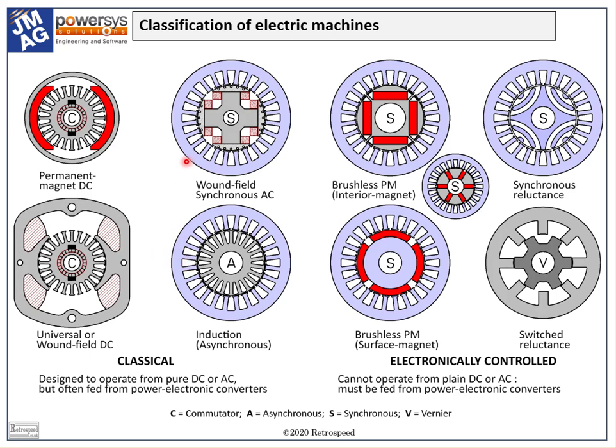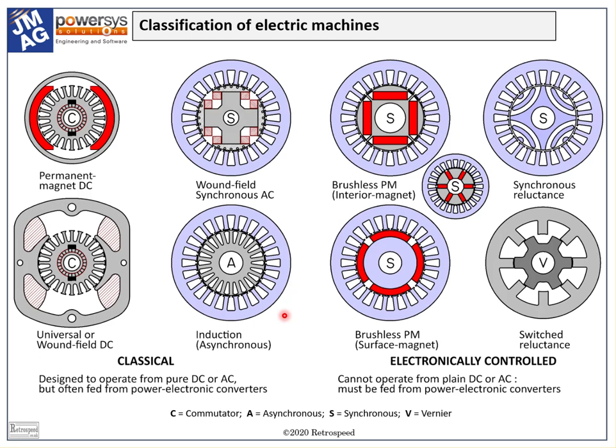But since roughly the mid-1980s, the electronically controlled machines have become widespread, boosted greatly by two technical developments. First, the development of the PWM transistor inverter with field-oriented control, particularly applied to the induction motor, and secondly, the development of high-energy permanent magnet materials.